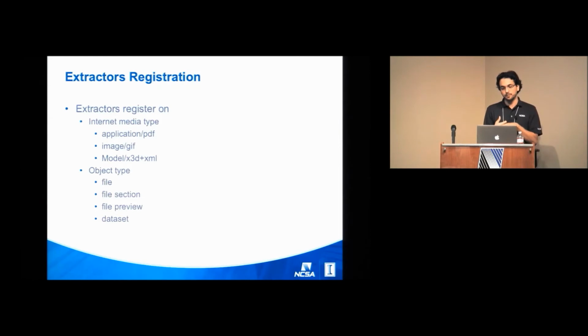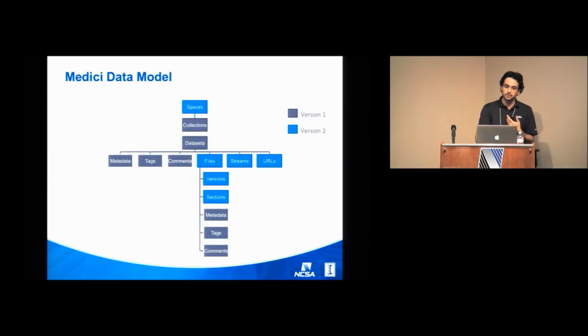And for that object type, the easy case is you throw it a file and it works on the file. But we also have extractors that can work on collections, file sections, previews. So we have this data model in the backend, which if you work with the API, you'll come to learn. The important thing is that we have the idea of collections of datasets of files of sections, files have metadata, and you can have metadata on datasets and so on.